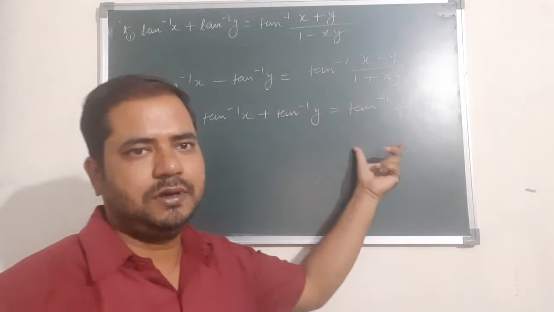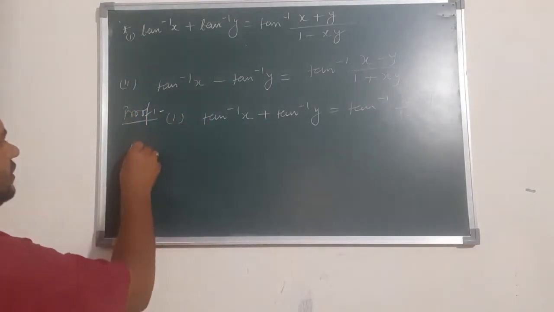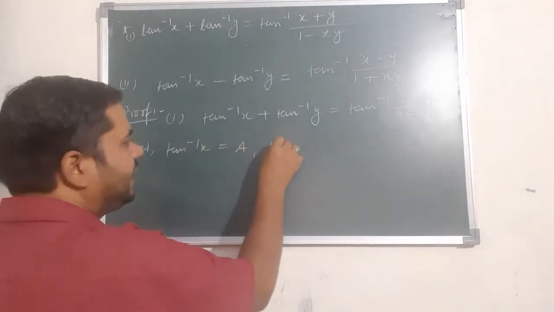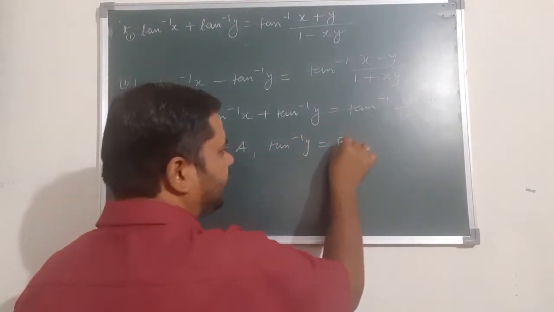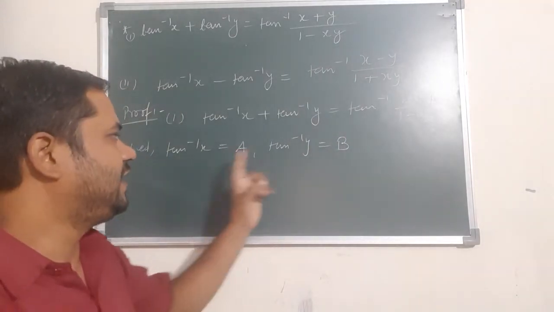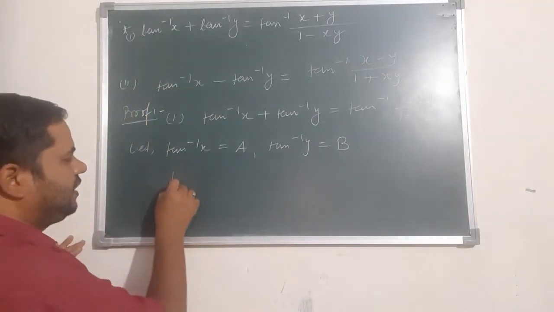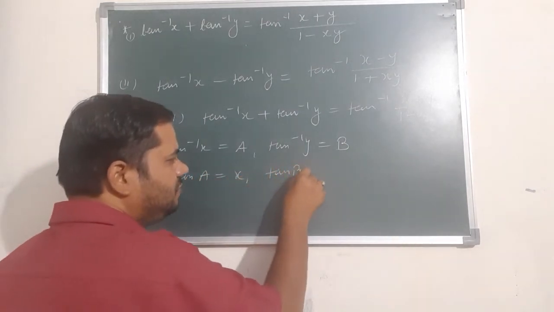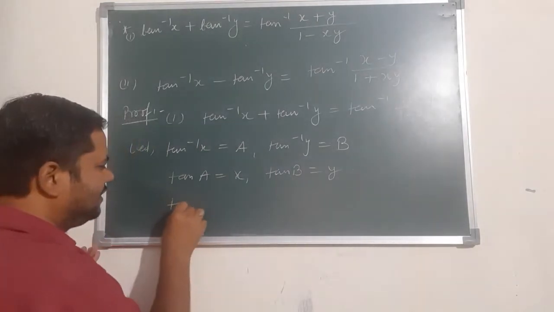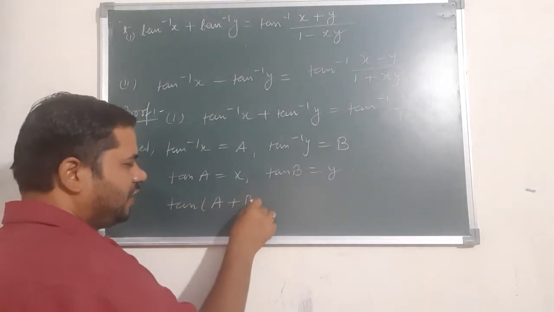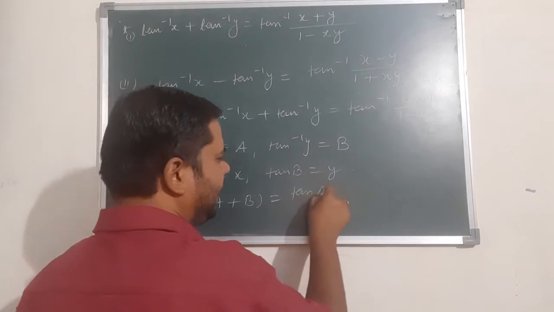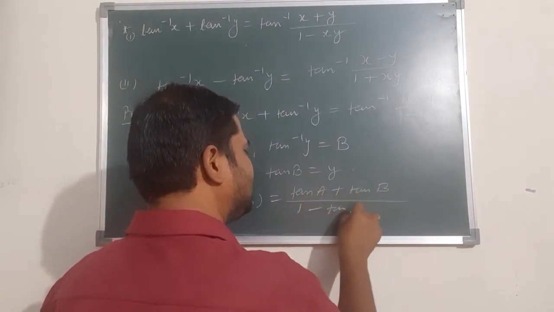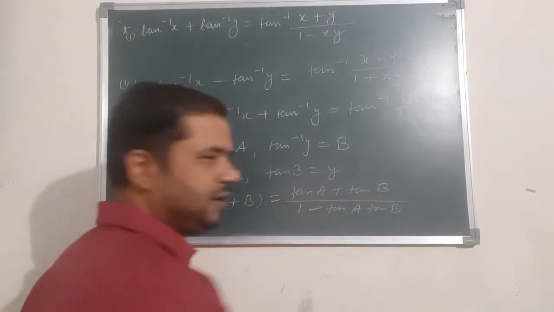So let tan inverse x be equal to a and tan inverse y be equal to b. So from here, tan a is equal to x and tan b is equal to y. Now use the formula for tan a plus b. This is tan a plus tan b divided by 1 minus tan a tan b.